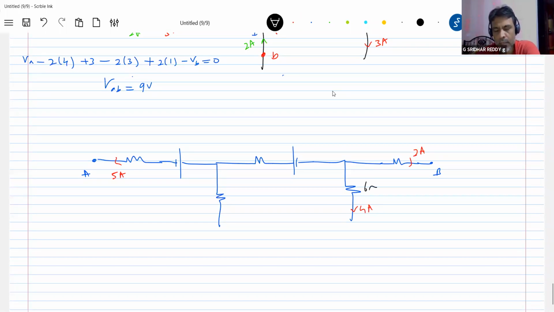Six ohm, 4 ohm, 3 volt, 2 ohm, 5 ohm, 12 volt, 1 ohm.